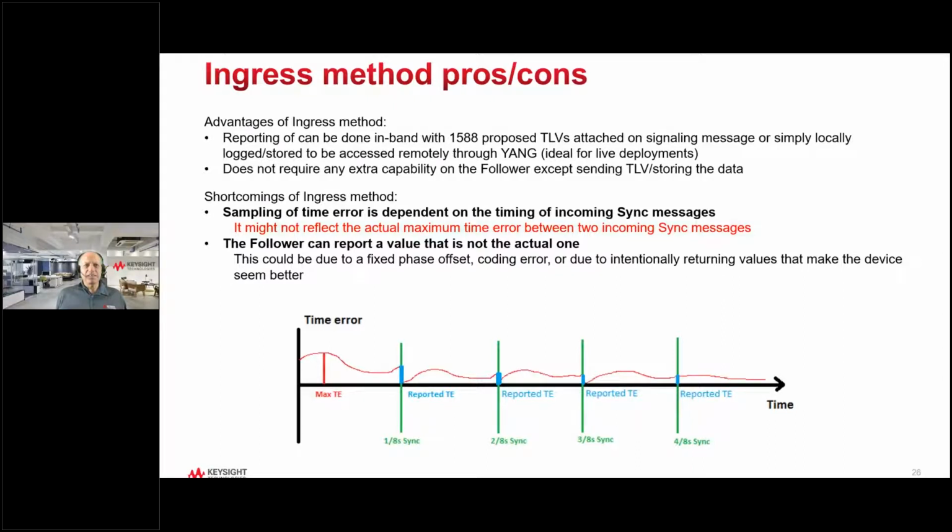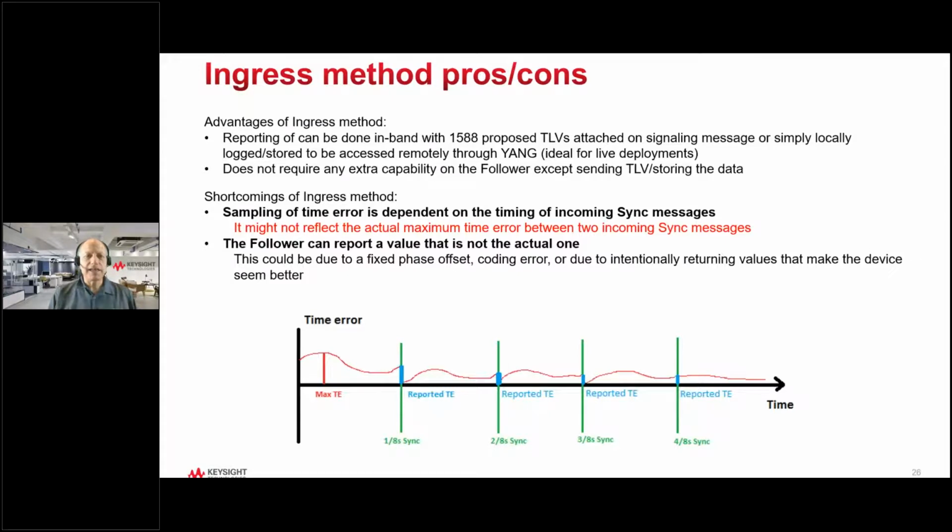let's proceed. Okay, so at a high level, the sampling error is dependent on the time of the incoming sync messages, because what we sometimes see is that you have cyclical behaviors of some of these local clocks, and so sampling just at the time the sync message is received may give a skewed view of the actual clock behavior.